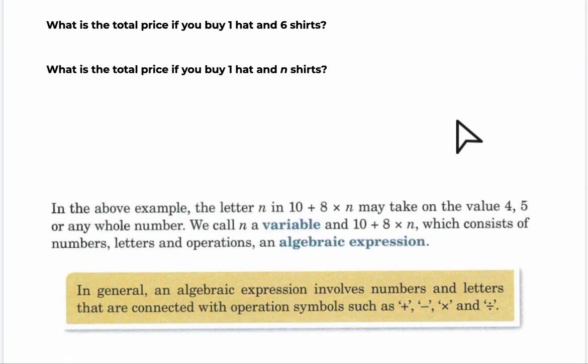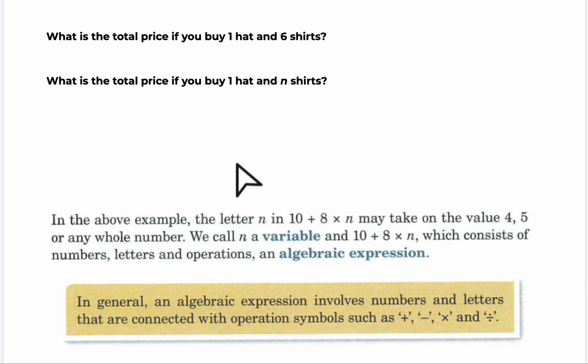So in the example that we just talked about, the letter N in 10 plus 8 times N, and again, we're trying to avoid this multiplication sign here, may take on the value of 4 or 5 or any whole number, right? Because we're talking about shirts, it can't be fractions. So that N can represent any whole number.